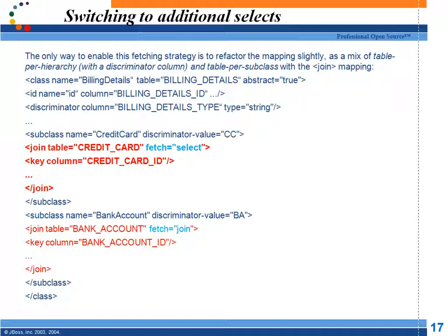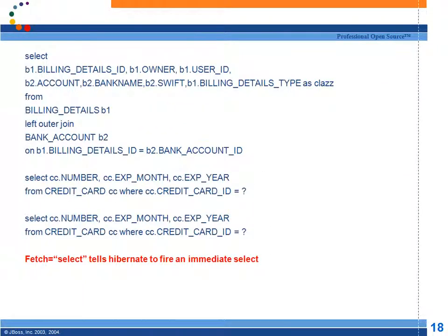But for fetching credit card details, I said fetch equals select. A separate query will be fired for credit card, but these two tables will be joined. Let us see the query. See, billing details and bank account are using joins, but separate queries are fired for credit cards.